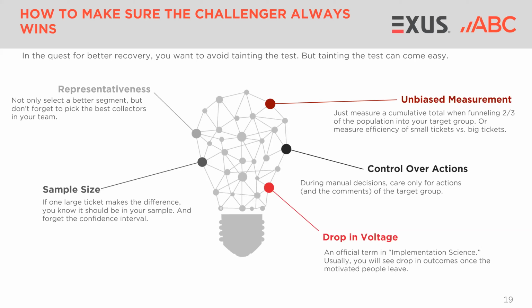Unbiased measurement. There's one thing I saw once in the results of a pilot. It was an aggregated number, the total cash collected versus the total cash collected of the control group. I was curious, so I looked inside the numbers, and I saw that the champion had 2/3 of the total inflow.